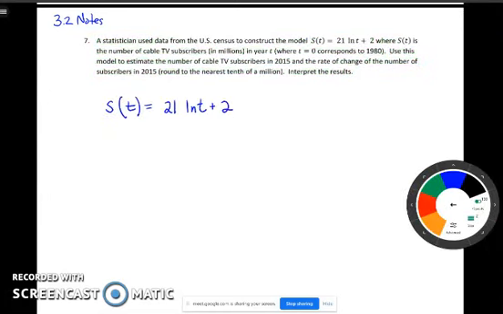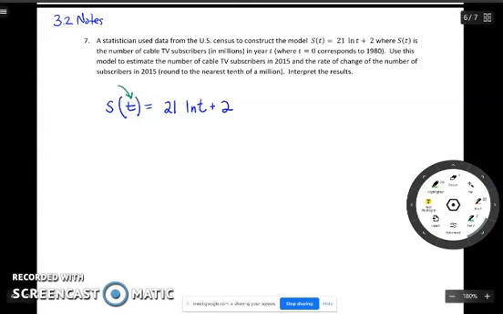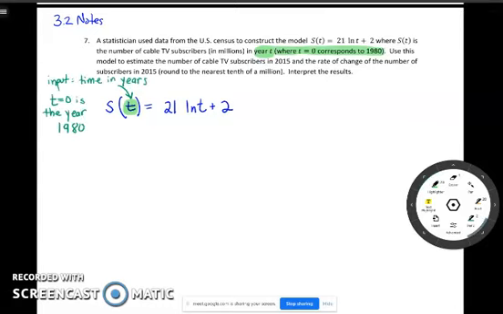Okay, we always start any word problem that involves a function by identifying the input and output. Our input is t, which is a little complicated in this problem. T is representing time in years, but there's a beginning year. T equals 0 is the year 1980.